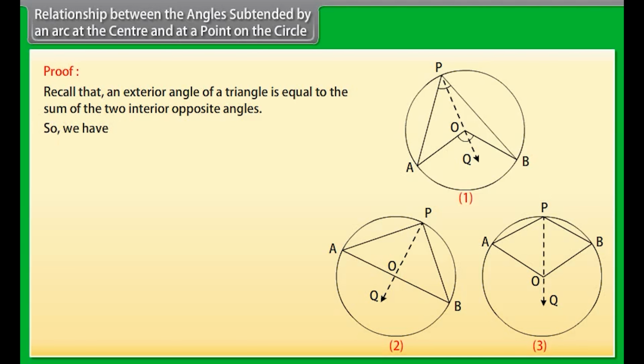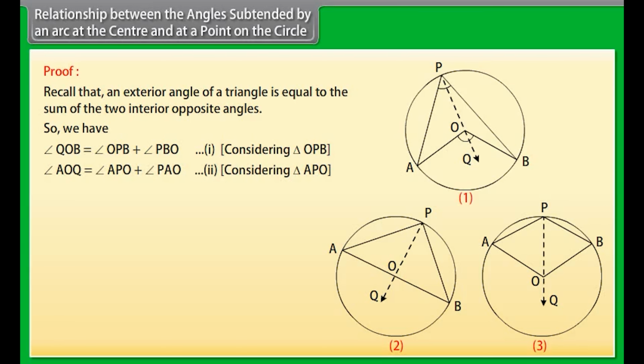So we have angle QOB is equal to angle OPB plus angle PBO, 1. Considering triangle OPB, angle AOQ is equal to angle APO plus angle PAO, 2. Considering triangle APO. Also, OB is equal to OP, being radii.